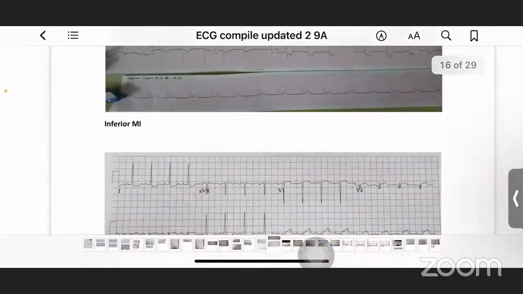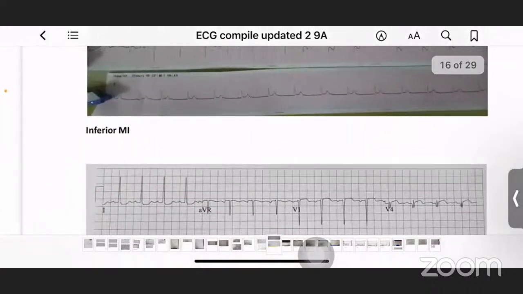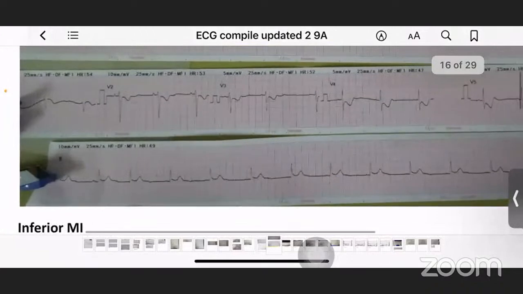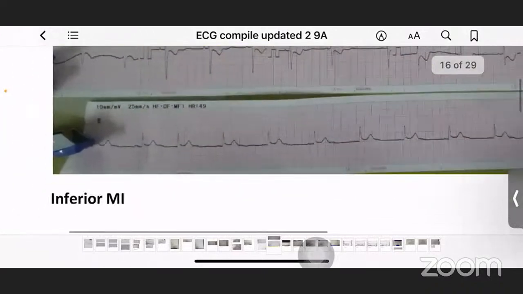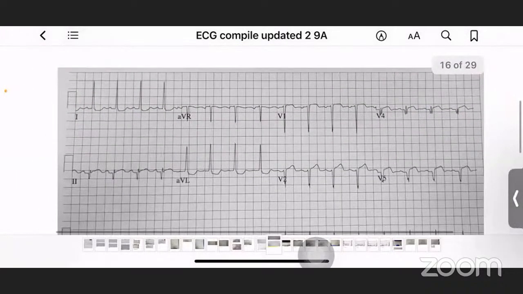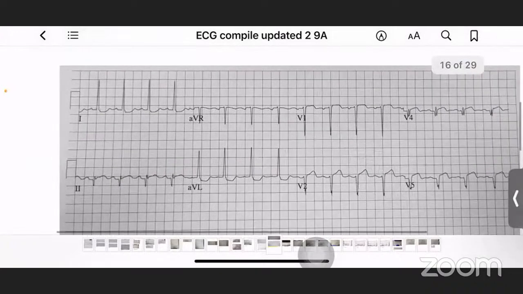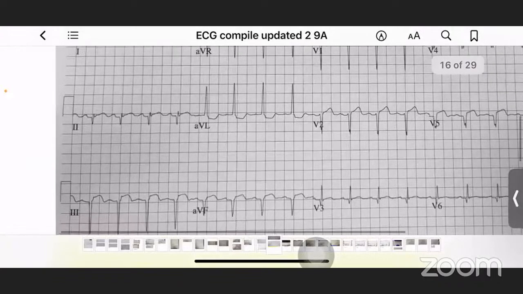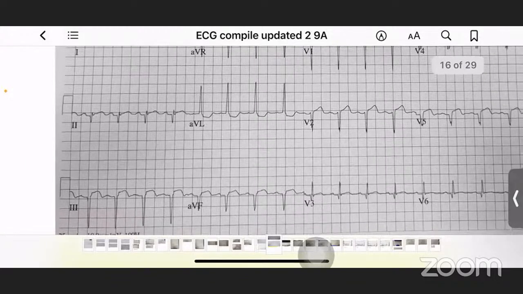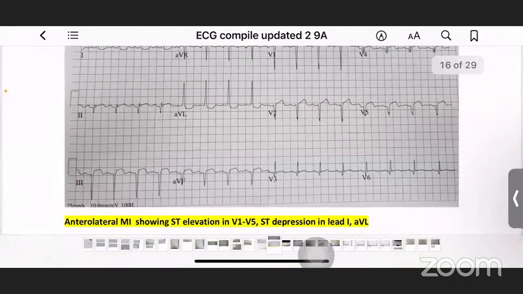If V5, V6 are involved, then you have lateral involvement. Inferior is 2, 3, AVF, okay. 2, 3, AVF, you see. Yes, 2, 3, AVF ST elevation with Q wave formed already. So this is MI, inferior MI.